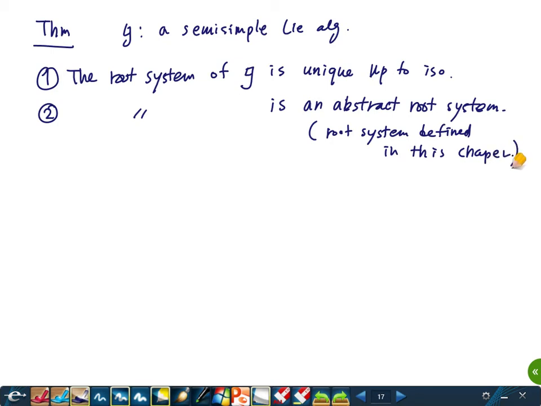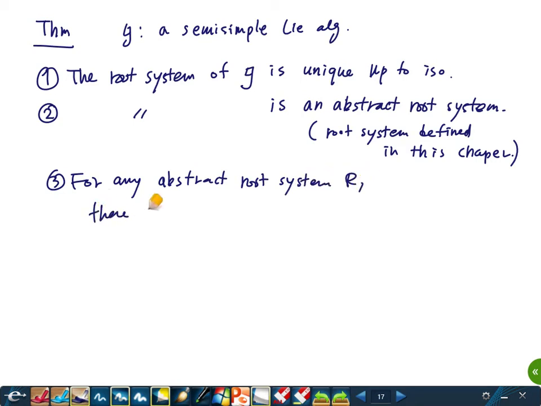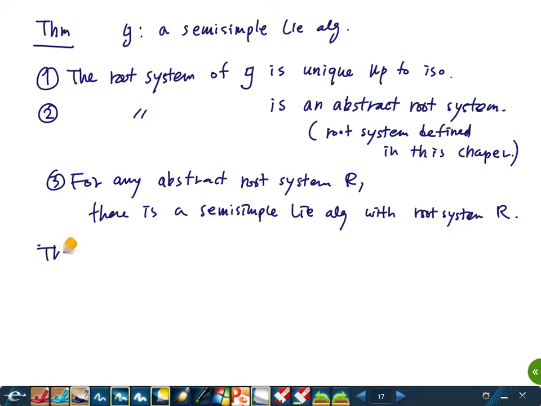And conversely, for any abstract root system, say R, there is a semi-simple Lie algebra whose root system is R. So it can be realized as the root system of a semi-simple Lie algebra. Therefore, the root system of a semi-simple Lie algebra is really the same as an abstract root system. They are really the same.